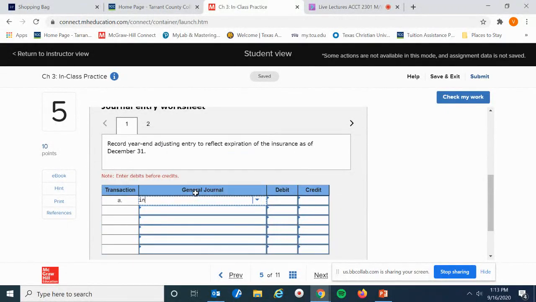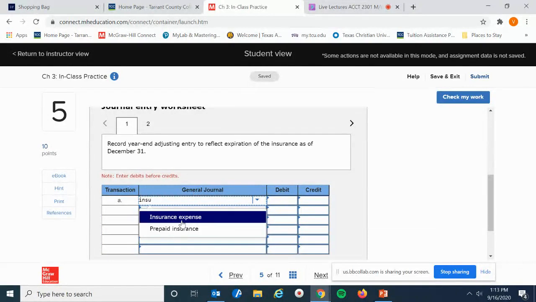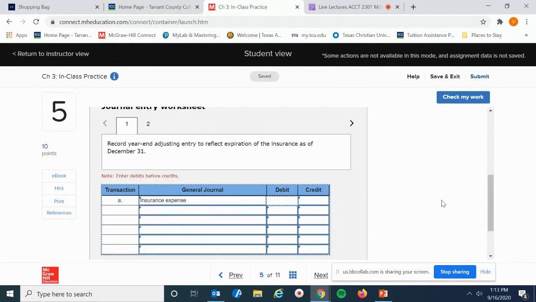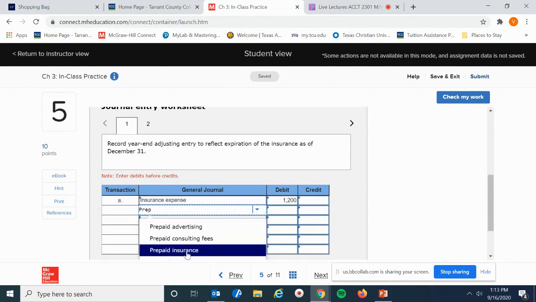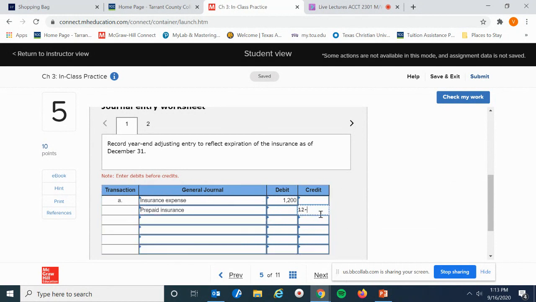Sometimes if you type, you get to the answer quicker. So I'll debit insurance expense. At the same time, on the balance sheet, I will credit prepaid insurance for the same amount to show that the company has used up every single penny of insurance that they bought in July.